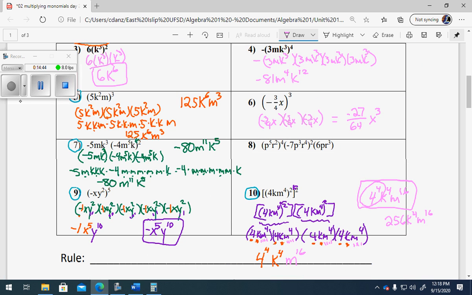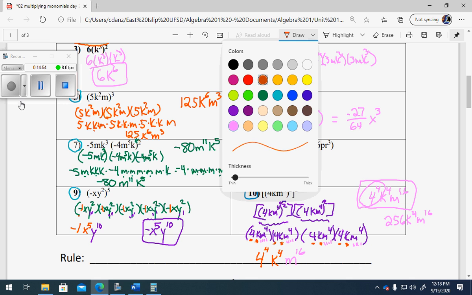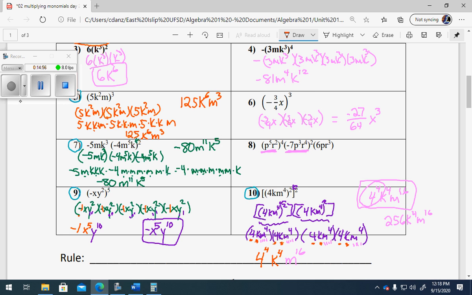you've got to take care of this first, because the parentheses is raised to a power, and this one too. So you have to take care of those exponents on the outside of the parentheses. So this p to the fifth r to the second gets written 4 times.